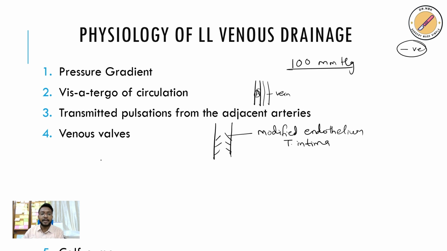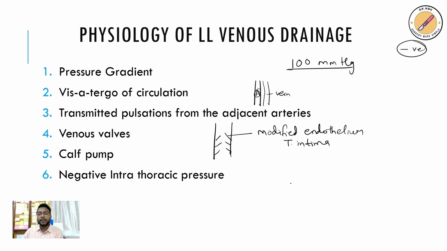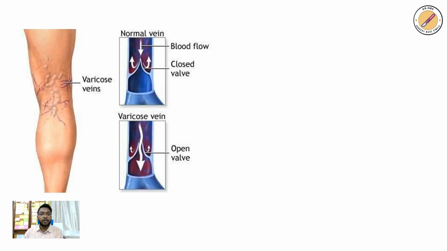Okay, right. Next one is the calf pump, which is otherwise called the peripheral heart, which is nothing but your soleus muscle. Then the other most important factor is negative intrathoracic pressure, which will have a sucking effect that facilitates venous blood from the lower limb into the right heart. Okay, so these are the valves we are talking about.